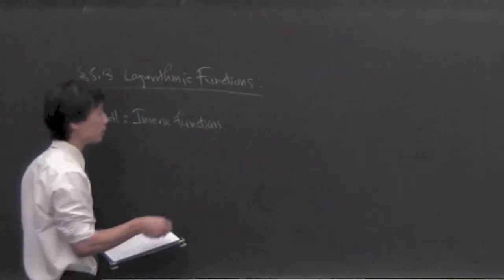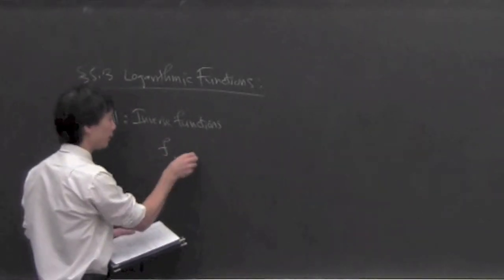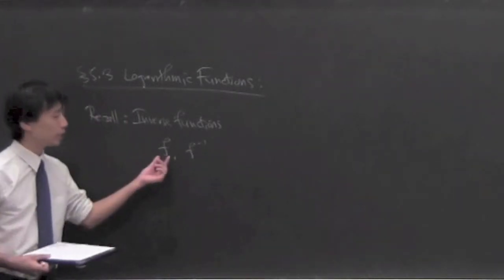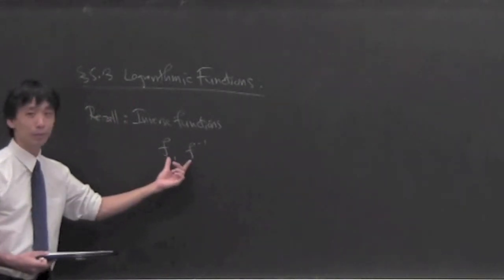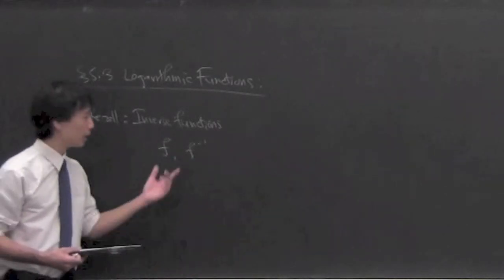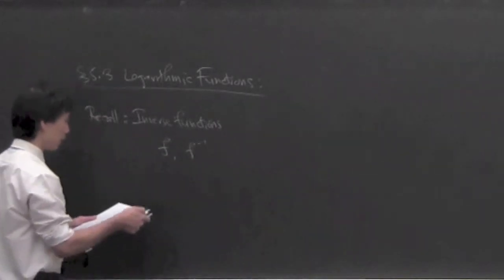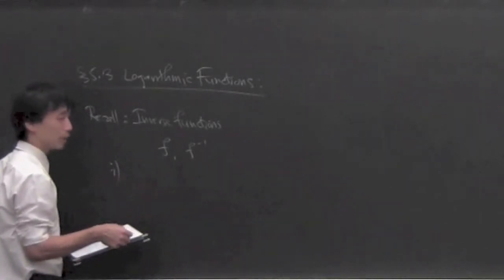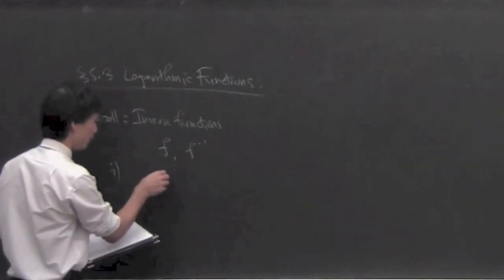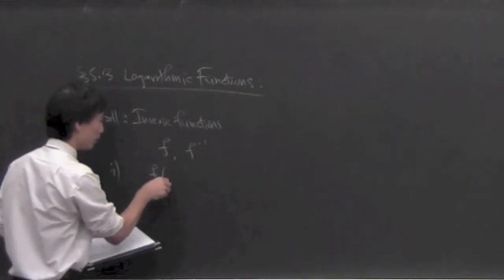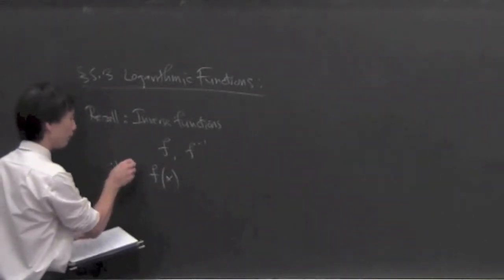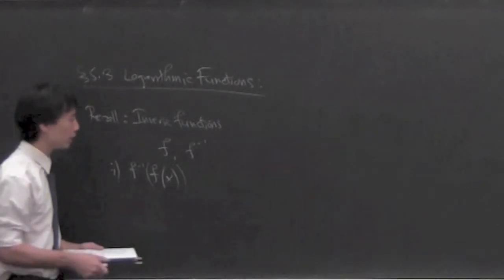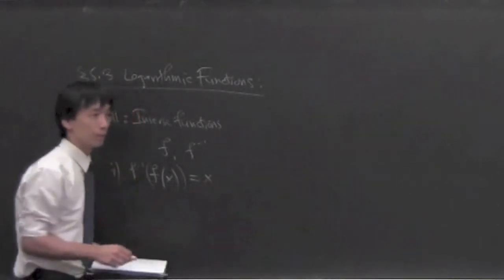If we have two functions f and f inverse, you've got this function f and it's invertible, so it has an inverse function. What that means is that if you take f of x and follow that with the inverse function, then that brings you back to where you started.